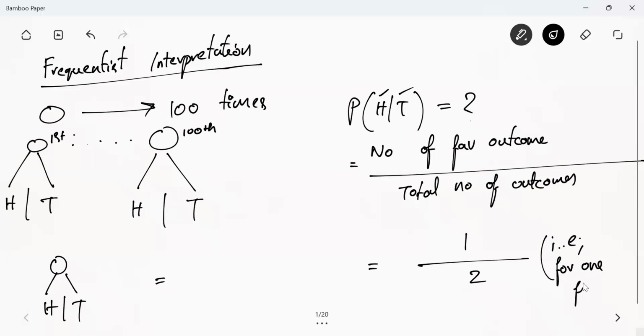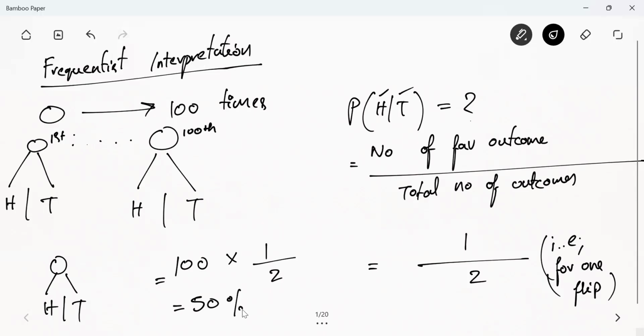If you want to calculate the same for 100 flips, you have to multiply 100 with this particular result, 1 by 2. So 100 divided by 2, that is 2 into 50, which is 100, right? So the answer would be 50.